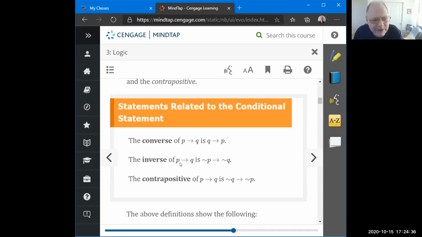And then the inverse negates both of them. That's a different meaning, right? When you take a statement and make its converse, it's 2 different statements. They don't have the same meaning. They don't have the same truth table. The same way with the inverse. If you negate the P and you also negate the Q, it's a new statement. It's not the same.